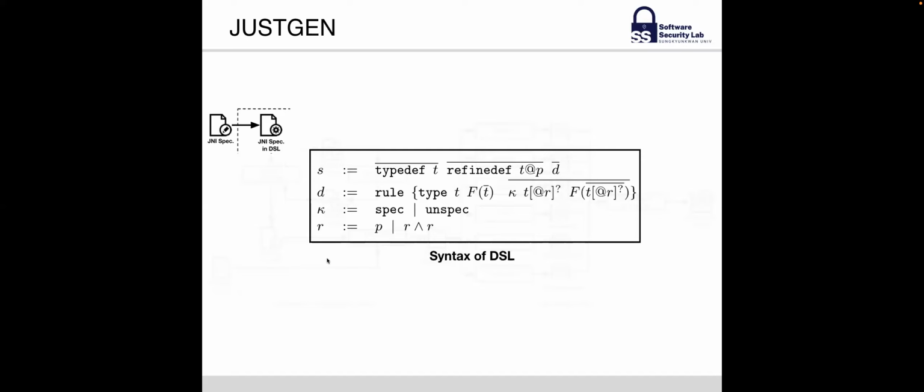We transform the JNI spec into the spec represented in our DSL because it is difficult to do anything automatically with the original JNI spec as it is written in natural language. As you probably already know, natural language is very ambiguous, so it is always very difficult to do anything automatically with natural language data.